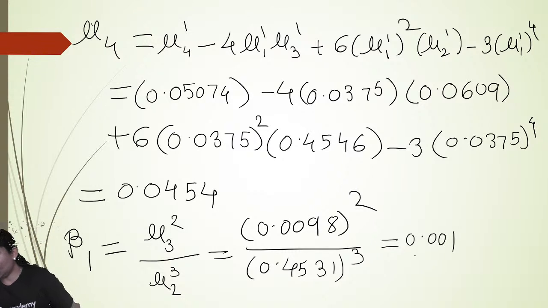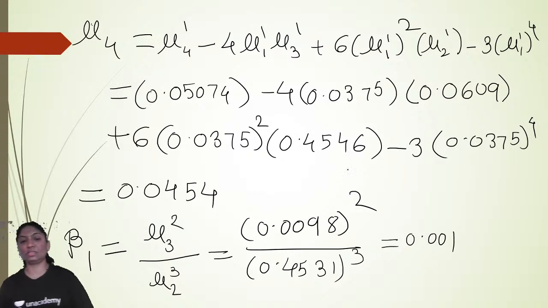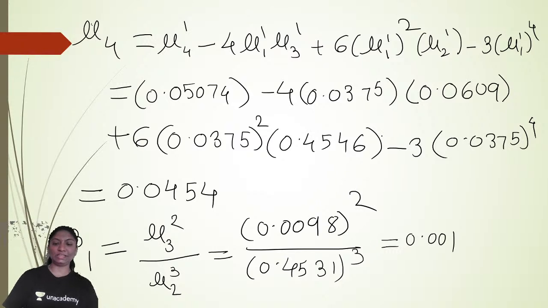As you see, the lack of symmetry is very small. Beta 1 is equal to 0.001.